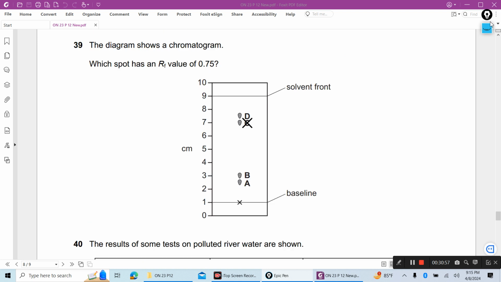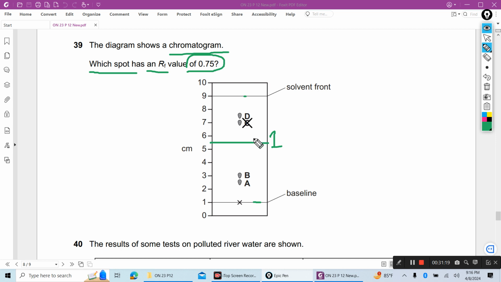39. The diagram shows a chromatogram whose spot has an Rf value of 0.75. So no need to calculate. You see, from the baseline to the solvent front, the total is 1. So the middle is half.